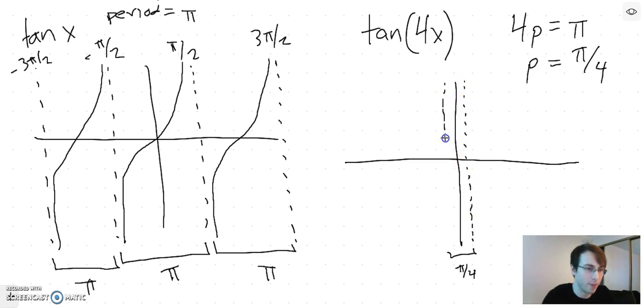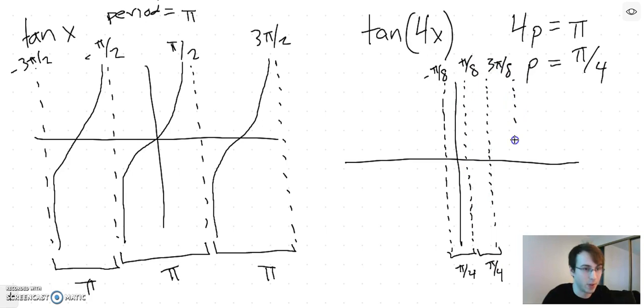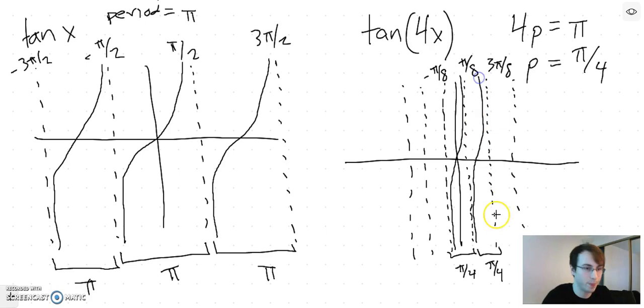These asymptotes will actually be negative pi over 8, pi over 8. And then the next one, another pi over 4 units, will be 3 pi over 8. And it just keeps going like that. So it's compressing a lot, and yeah, it looks kind of like that.